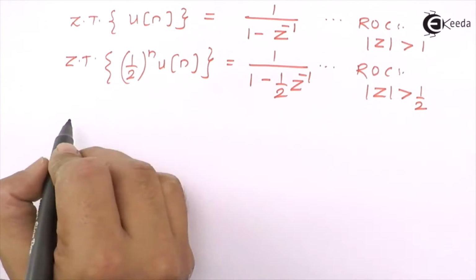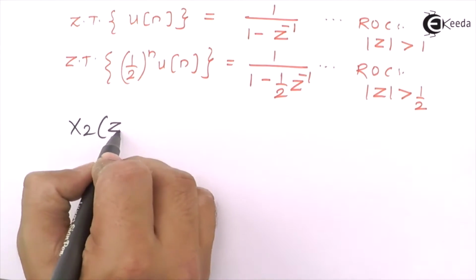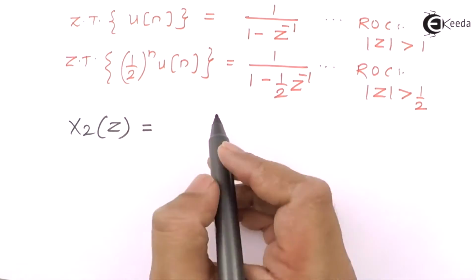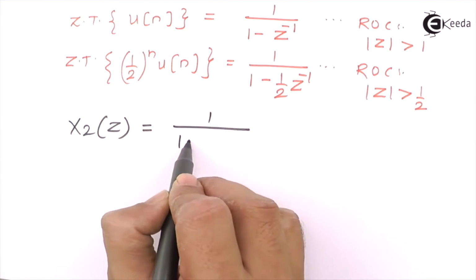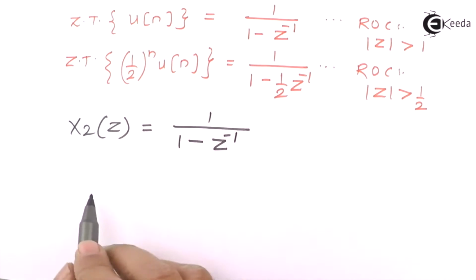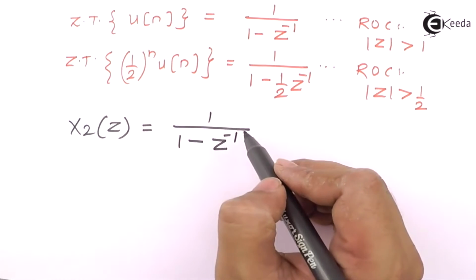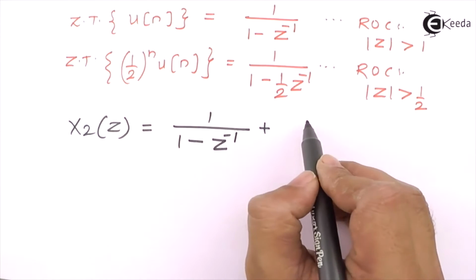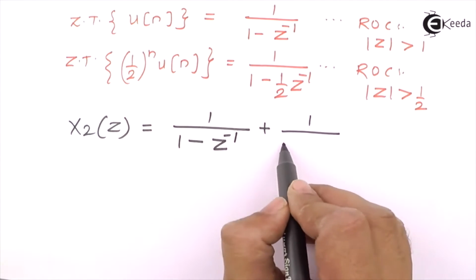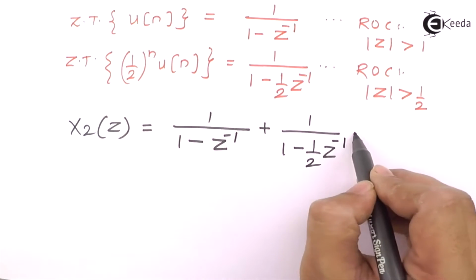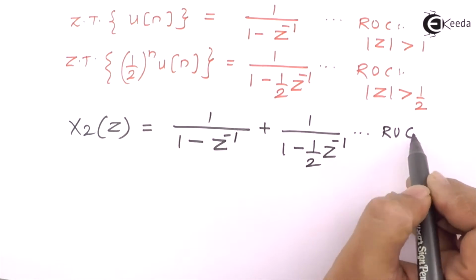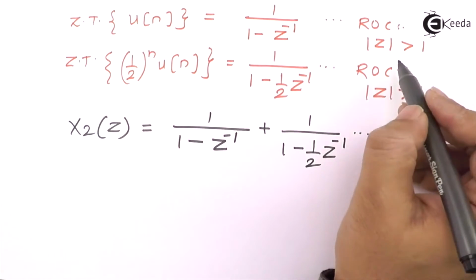Now X2(z) will be nothing but the addition of these two Z transforms, so in the end it will be 1 upon 1 minus Z inverse plus 1 upon 1 minus 1/2 Z inverse, and most importantly the ROC will be the intersection of these two.